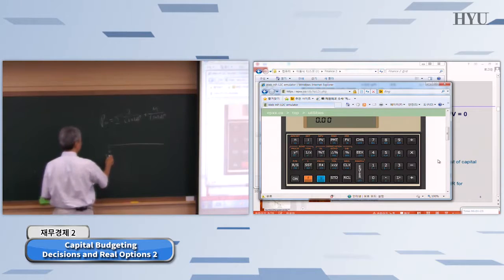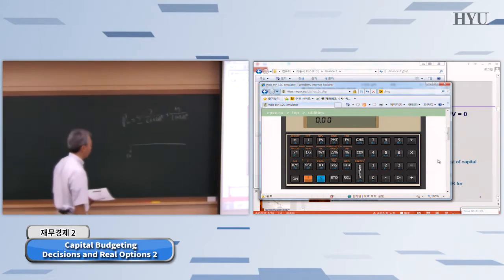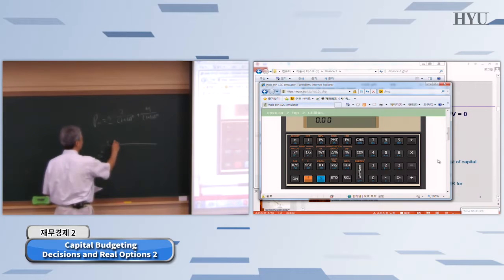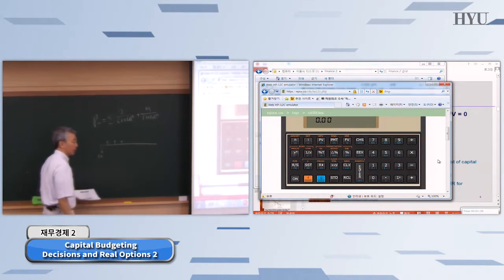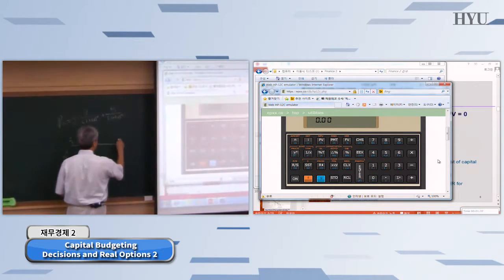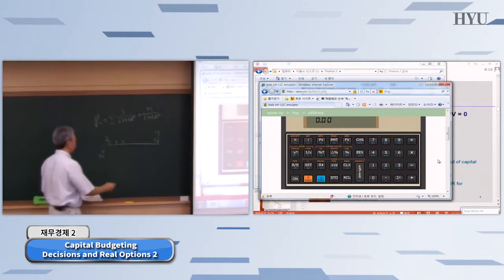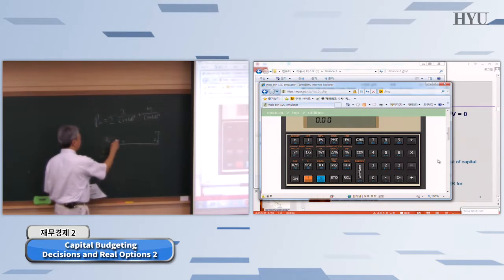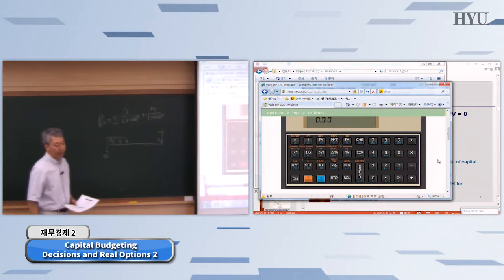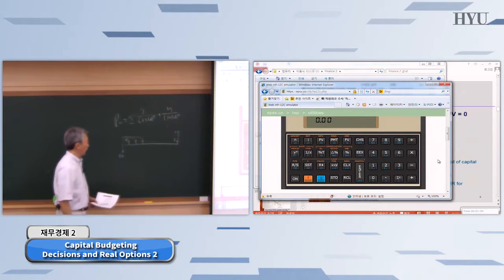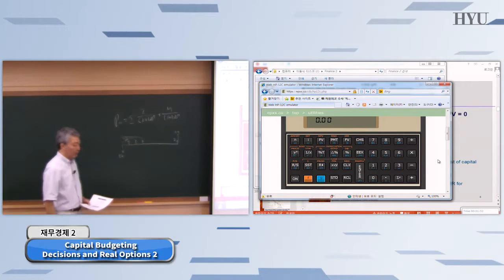If you purchase the bond at P0, every period, typically every 6 months, you receive the interest payment, okay? And then at the end, in addition to the interest payment, you have one lump sum payment of the par value, okay? So the total value of the bond is you have to add all the discounted cash flows, okay?